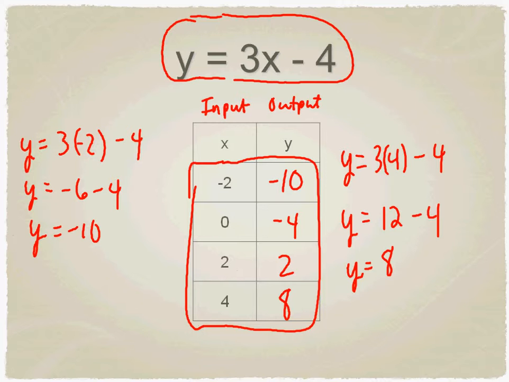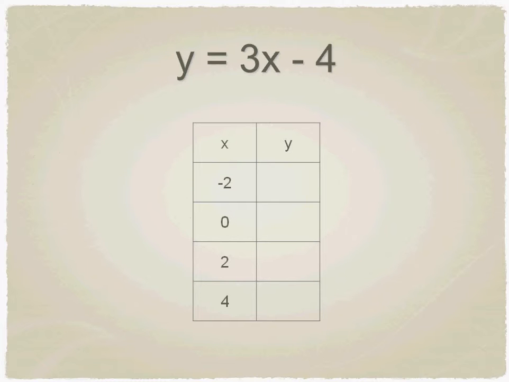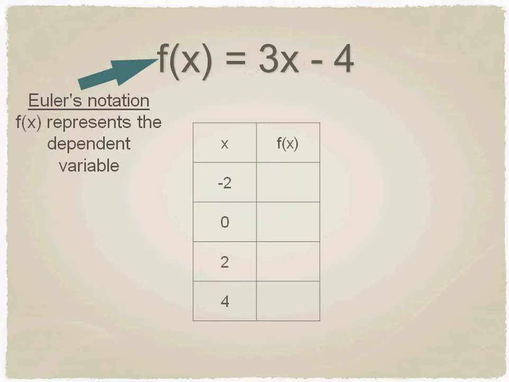We'll look at some more functions here in a little bit, but we're going to introduce a new type of notation. Rather than using y equals 3x minus 4, we're going to change the notation to say f of x equals 3x minus 4. That's how that's read. Now don't think of this as multiplication. It's not. It is its own variable.